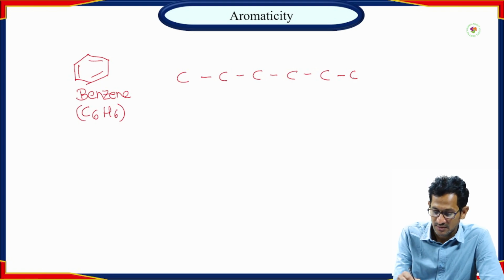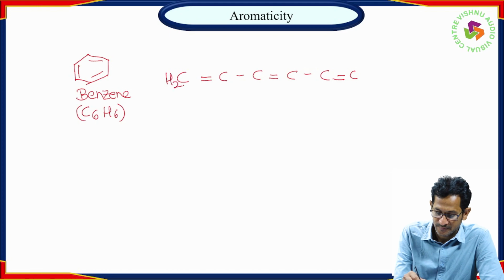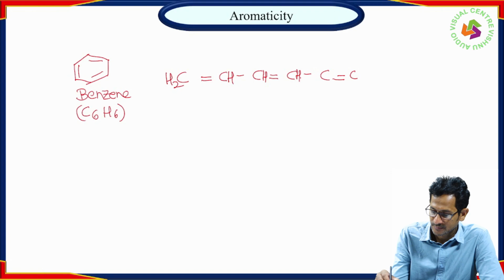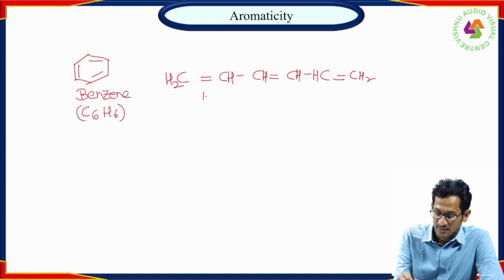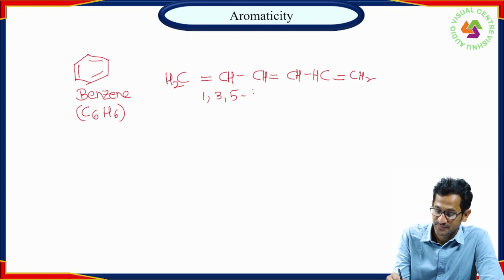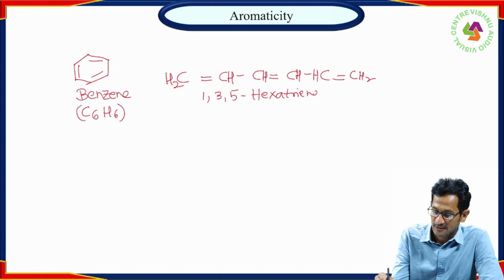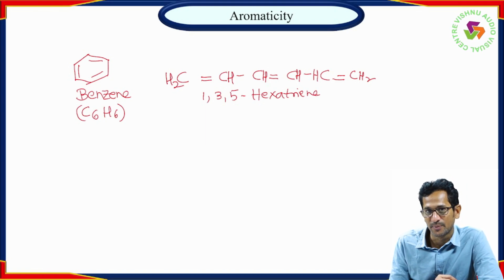Six carbons with alternating double bonds. This is 1,3,5-hexatriene. The IUPAC name of the compound is 1,3,5-hexatriene.